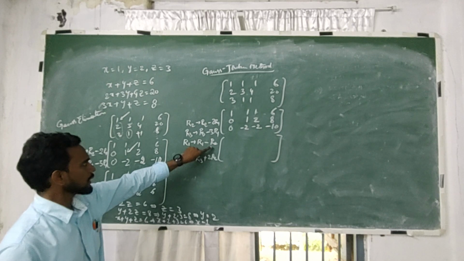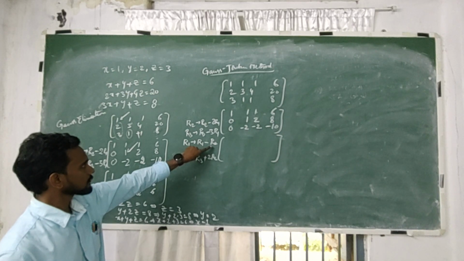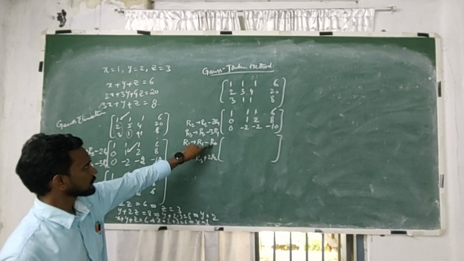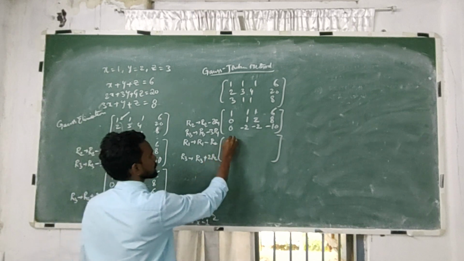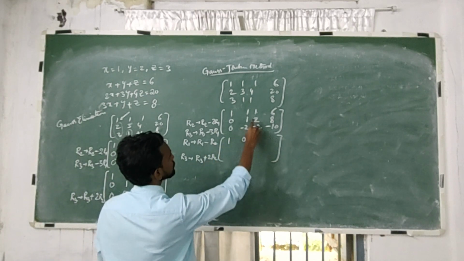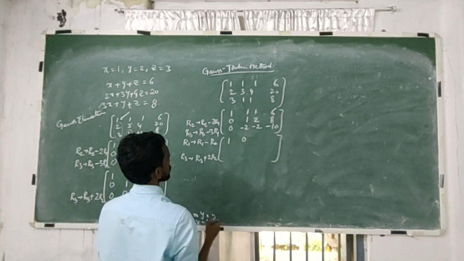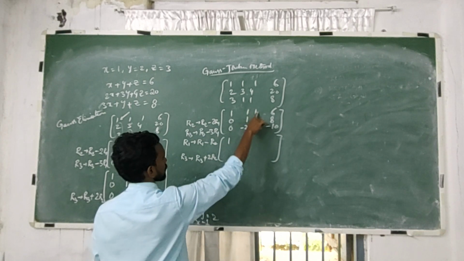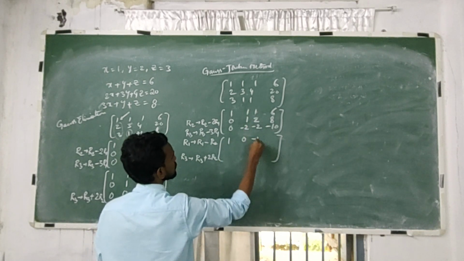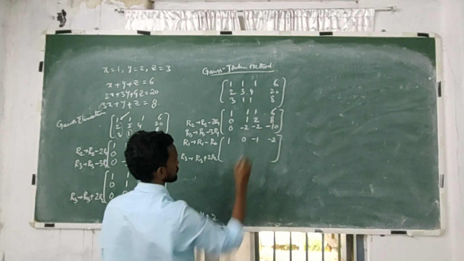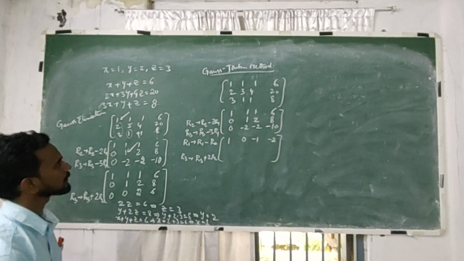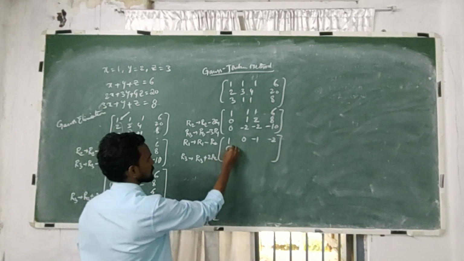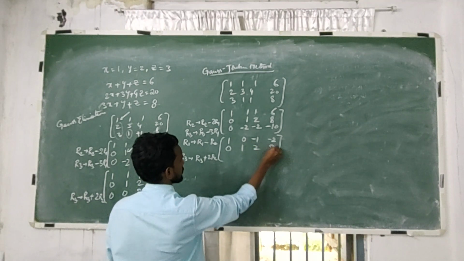So you have to subtract the second row from the first. So this is 1, 0, 1 minus 2. You have to keep R1 first. 1 minus 2 is minus 1. 6 minus 8 is minus 2. Next one, this is same, 0, 1, 2, 8.